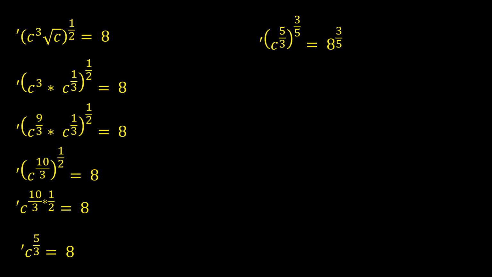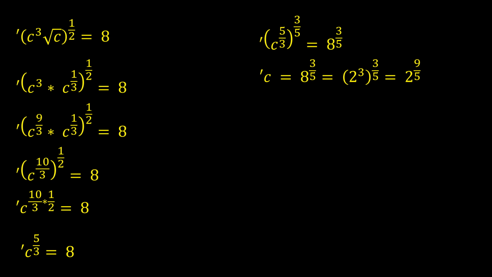Raise both sides of the equation to the power of 3/5 to isolate c. This simplifies to c equals 8 to the power of 3/5.